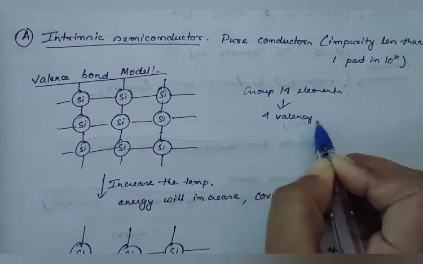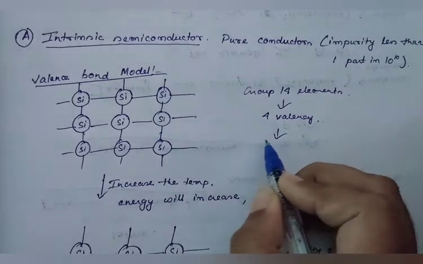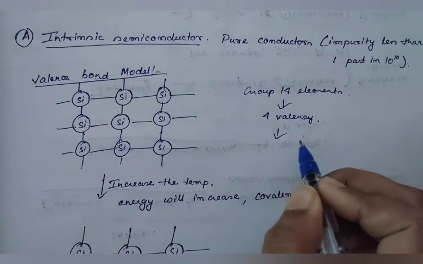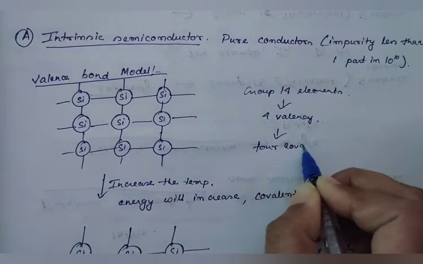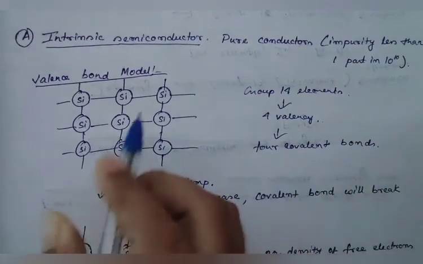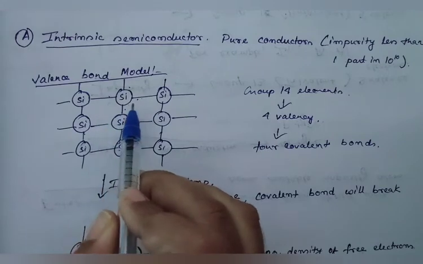That means it has 4 valence electrons, and these 4 valence electrons will make 4 covalent bonds.